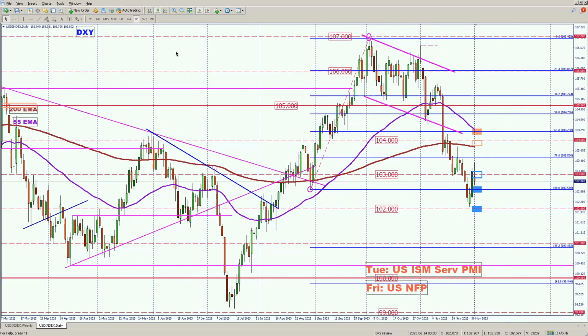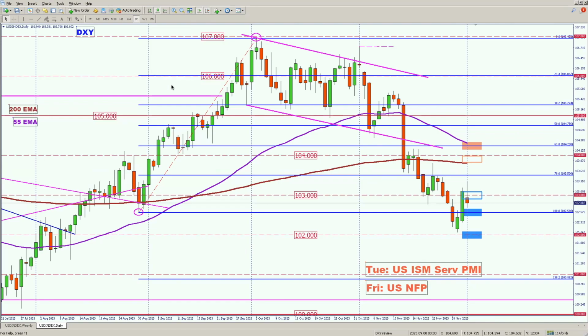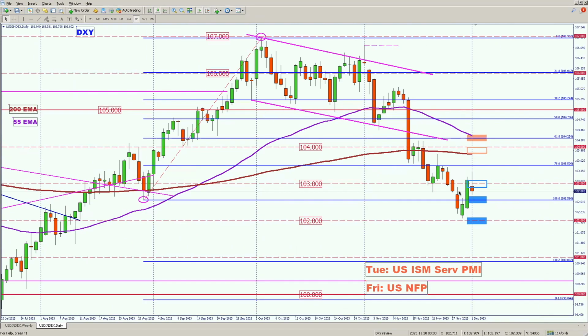And here's the US dollar index, where it did dip lower past the initial support zone at the swing low, the 100 pip swing low here, and almost reached the next support zone just above the 102 before managing to find support even after gap down lower.